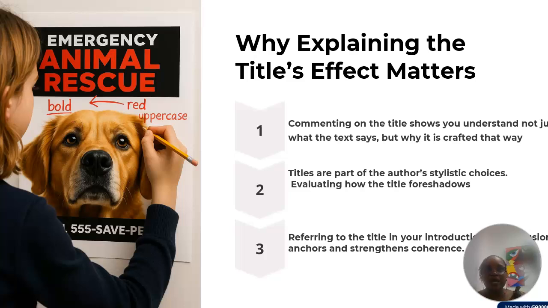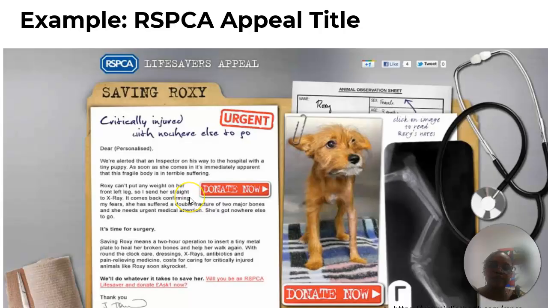And if you structure your essay such that you open it with a discussion of the title, and then you come back to the title at the end of your essay, it will strengthen the cohesion of your analysis, and this is criterion C. Now, let us look at the text and see how this can be done.